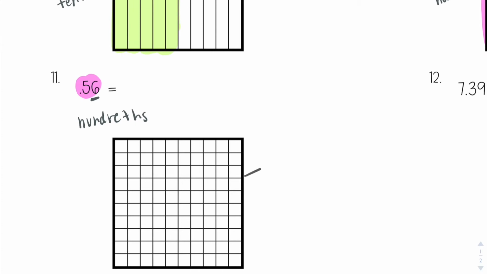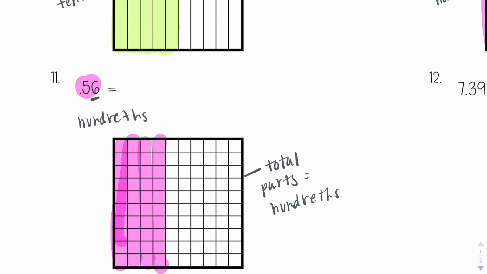So I have 100 units in my whole. So in order to make one whole, I need 100 of those units. However, instead of having 100 units, I have 56 units. So I have 56 hundredths.